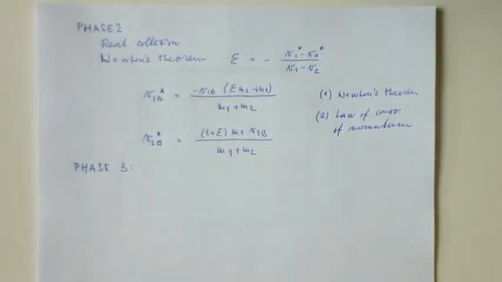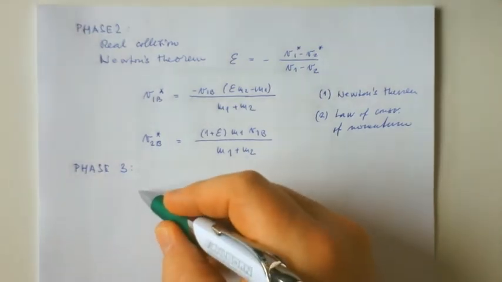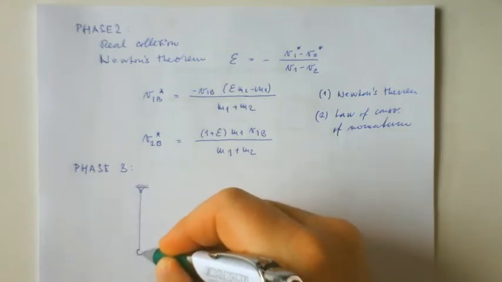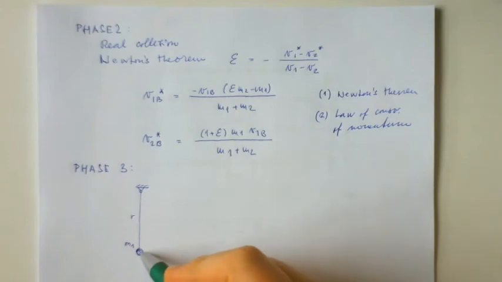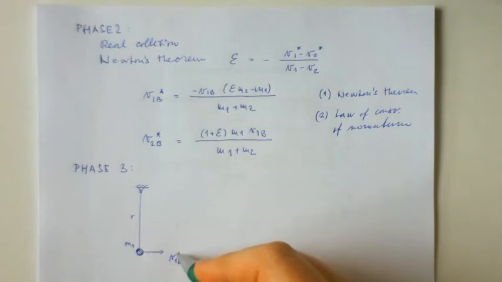So we can use a very similar procedure as was used in phase 1. There is a pendulum with mass m1, length r, and with velocity v1b after collision.